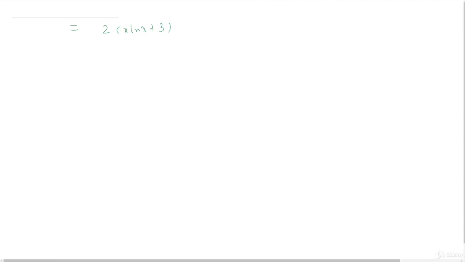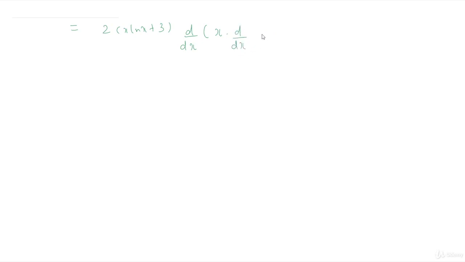We can use the product rule here to compute the d by dx of x ln x. It states that first function multiplied by differentiation of second function. I guess I have written d by dx before the whole thing. Yeah, I have written d by dx before, so let's just rewrite our result till now.